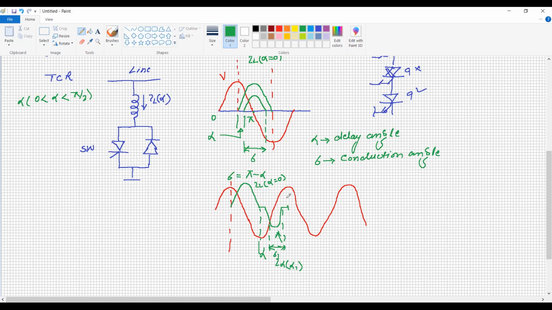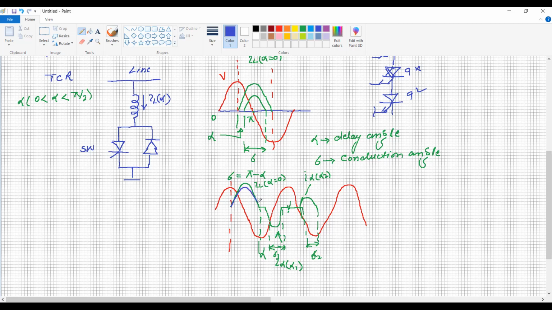Now from this one, again we have increased the delay angle and decreased the conduction angle. So here the delay angle has been increased. So this current is I alpha at alpha 2, whereas the conduction angle is again decreased. So if you decrease the conduction angle, the total current decreases.